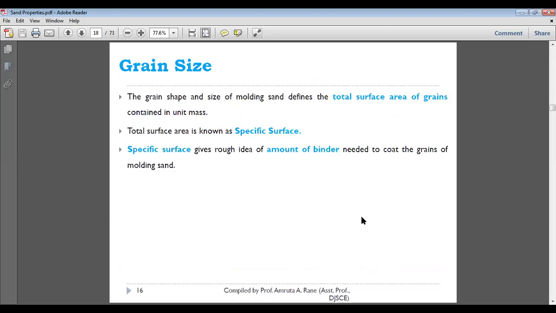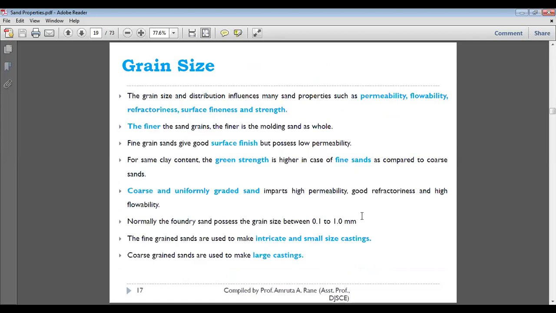So grain size is fine, specific surface, good amount of binder. Grain size is 0.1 to 1 mm. Normally, the foundry sand possesses a grain size between 0.1 and 1 mm.